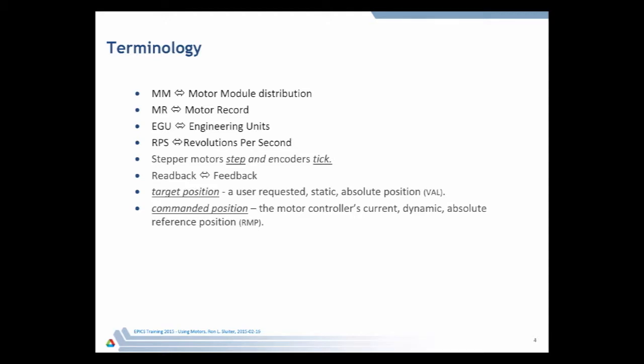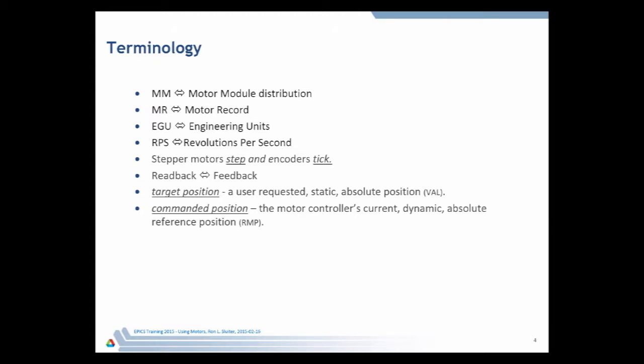We're government workers, so we love our abbreviations. Just briefly, when you see MM in this presentation, it refers to the motor module distribution, the tar file, the thing that's distributed on the web page. MR is the motor record. Everybody knows EGUs, engineering units. I usually refer to stepper motors. If I say steps, then I'm talking about a stepper motor, and for an encoder, ticks.